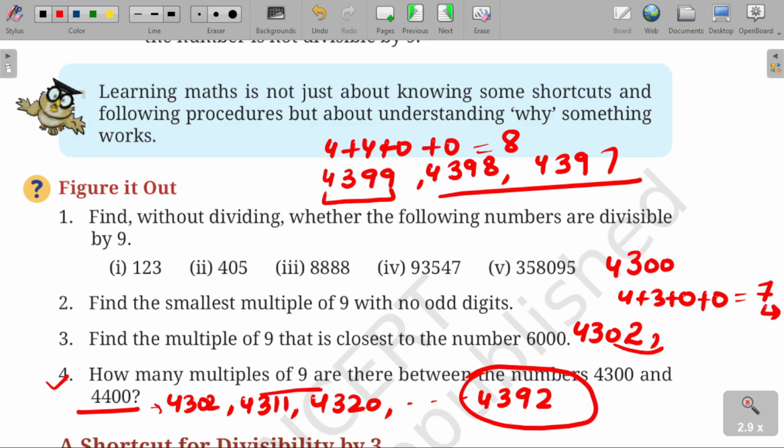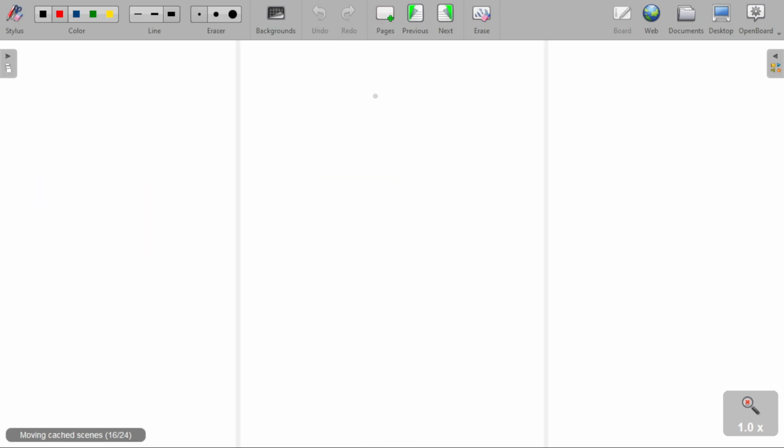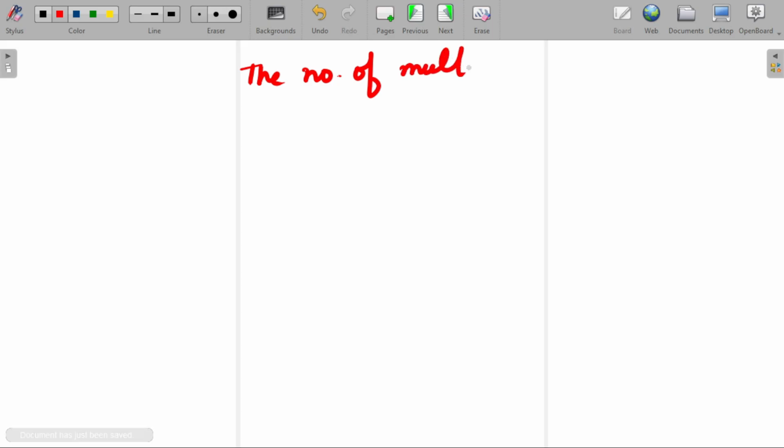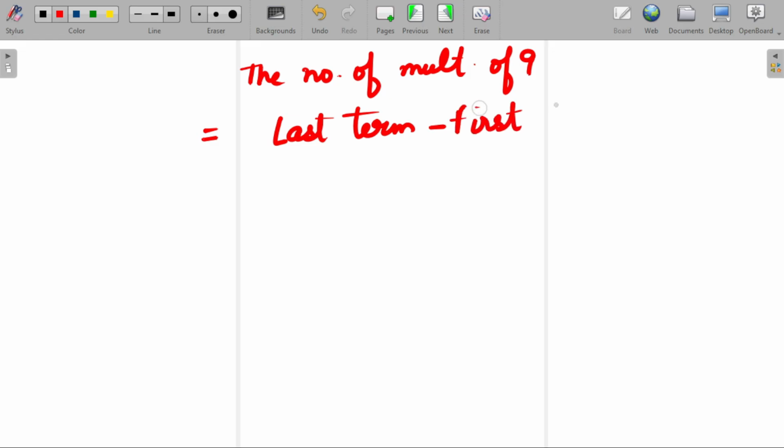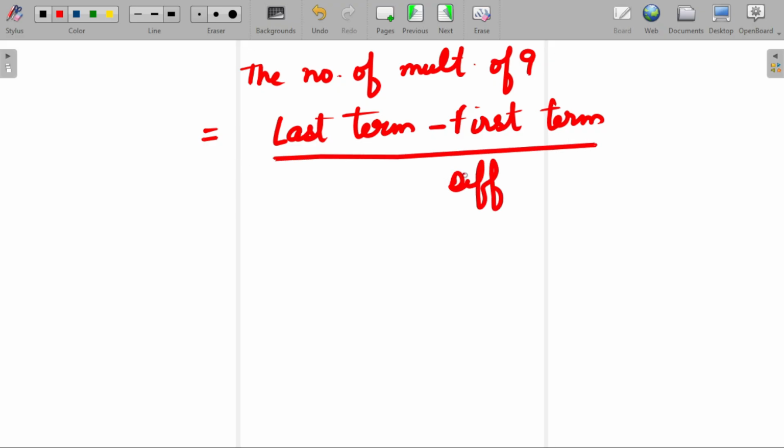तो यहाँ पे एक ट्रिक फॉलो होती है। क्या ट्रिक है? See, the trick is, the number of multiples of 9 is equals to, the trick is last term minus first term upon difference plus 1.